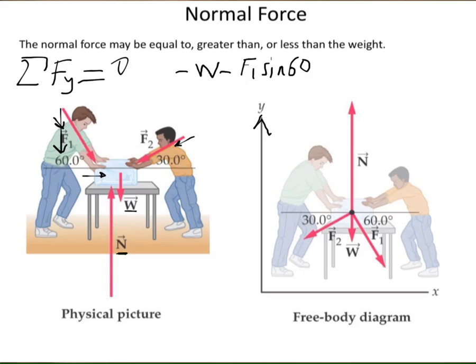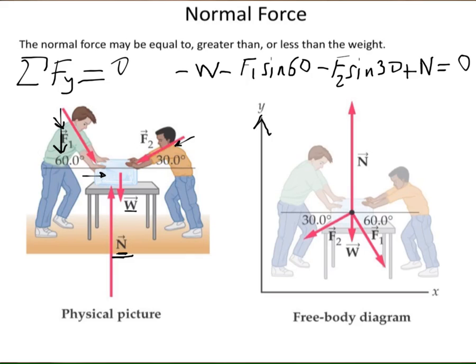Also, F2 is down, minus F2, but it has a different angle, sine 30 degrees. And there is one more force, which is the normal force, which is upward, so it must be plus, right? And all this must be equal to 0.